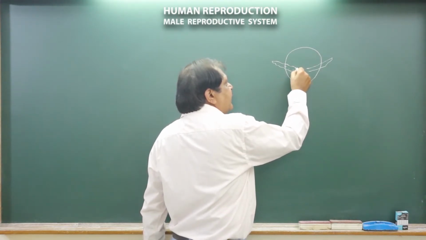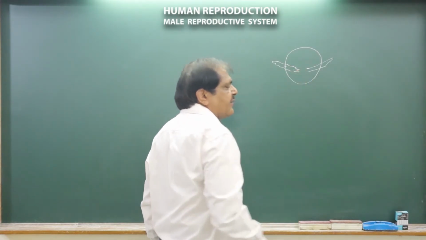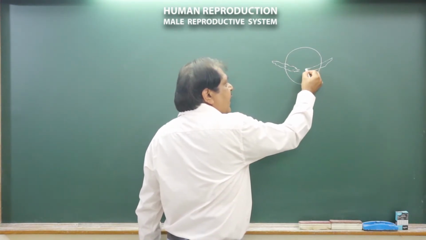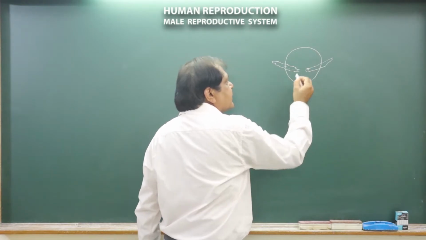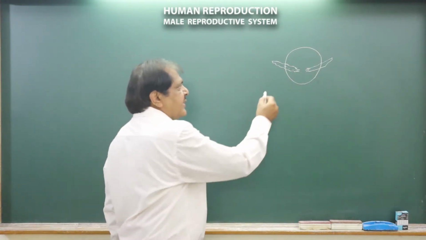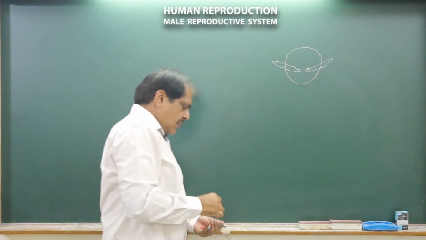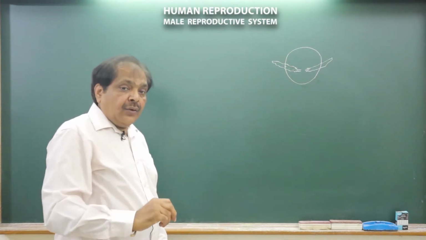This is the duct of the seminal vesicles, and this is the duct of the other seminal vesicles. This is the duct. I am making only of one side.